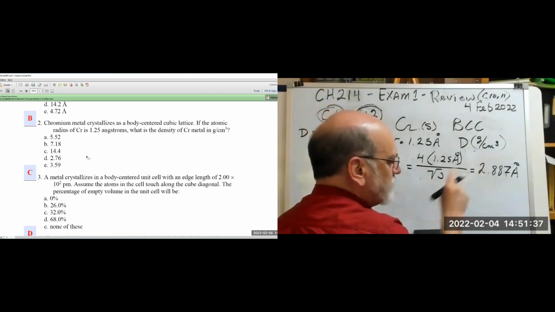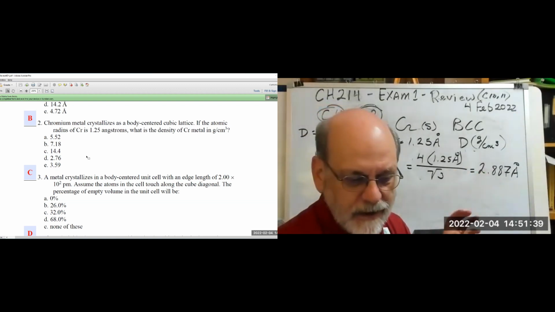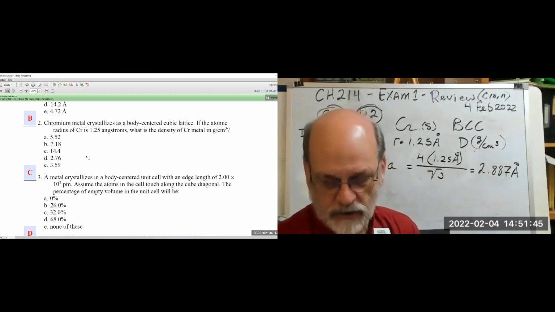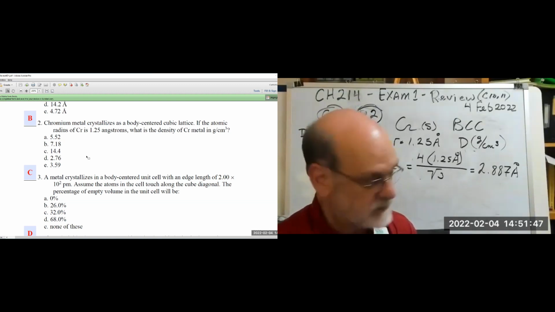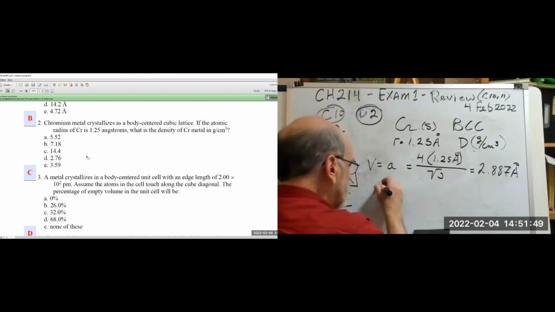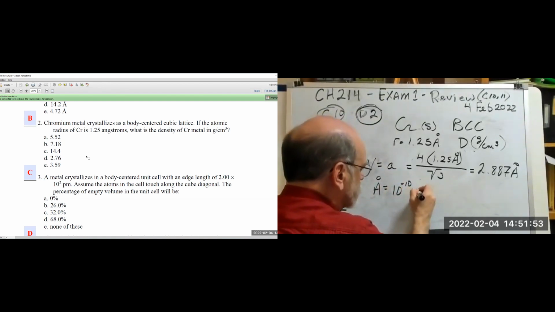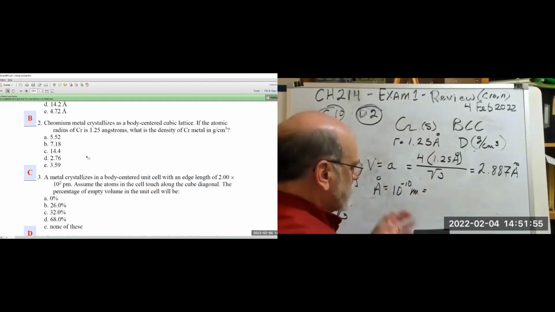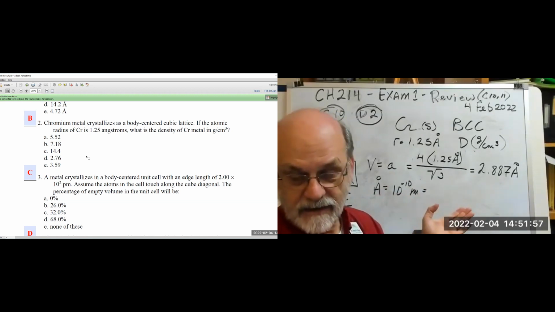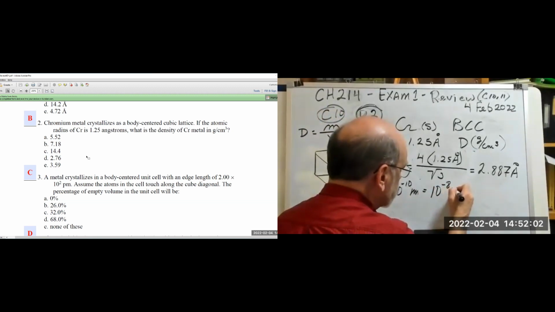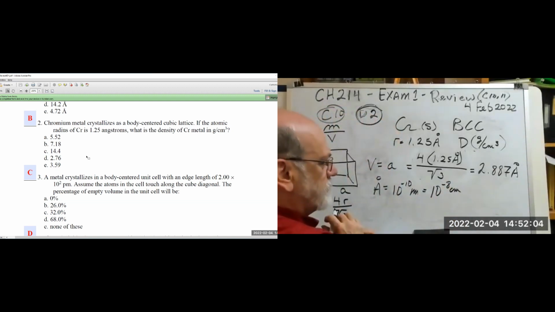So, how many centimeters in an angstrom? Well, an angstrom is 10 to the minus 10th meters. Right? An angstrom equals 10 to the minus 10th meters. So if we take 100th of that for centimeters, it would be equal to 10 to the minus 8th centimeters.